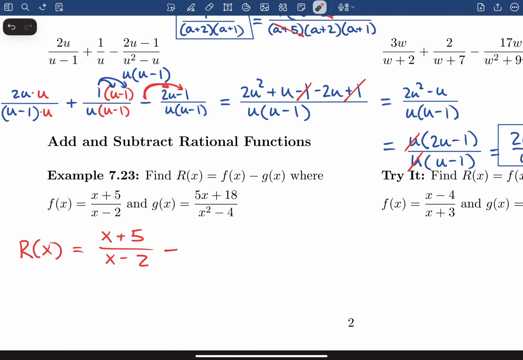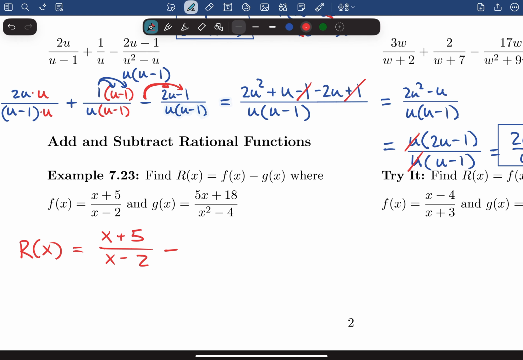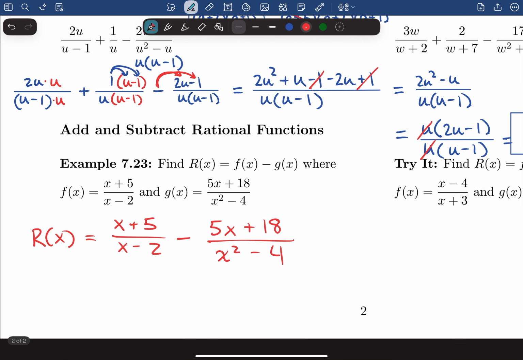That we're being asked to subtract the g of x stuff. Okay, and at this moment in time, we look at the denominators and we notice they're not the same. So we need to factor everything we can.